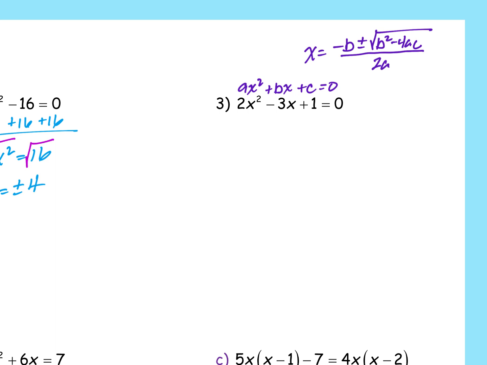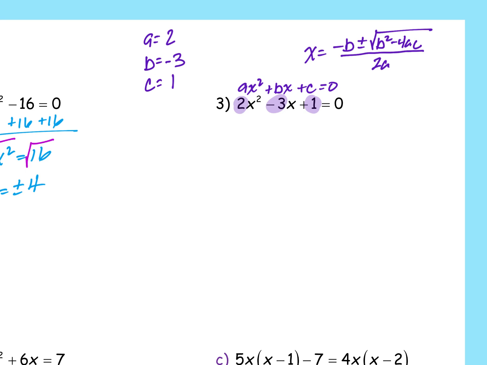So a, in this case, I'm going to write it up here so I have room underneath to write. So a equals 2, b equals negative 3, and c equals 1. So I know what a, b, and c are. I pulled them right from here. Here is a, b, and c, right? They're just my coefficients.